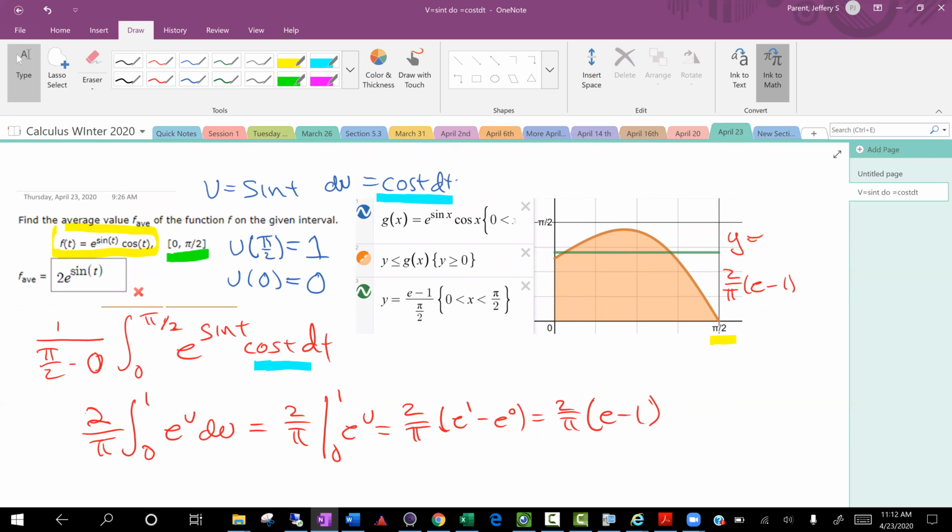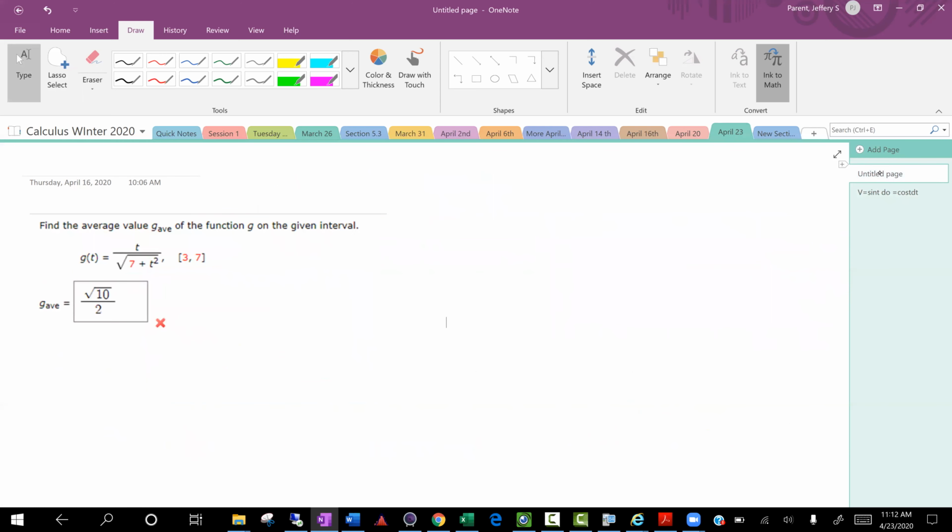I've got another one. I don't have a nice graphic for this one, but I'm hoping the last one worked out pretty good with the graphic and reminds you of what you're finding when you're finding the average value of a function. Let's look at this one. The average value of this function over the given interval. Well, let's see.